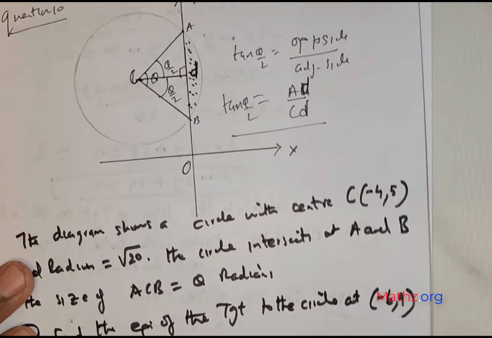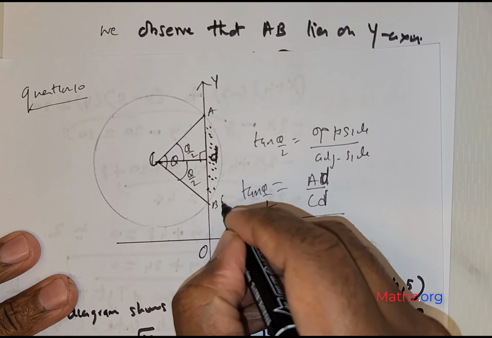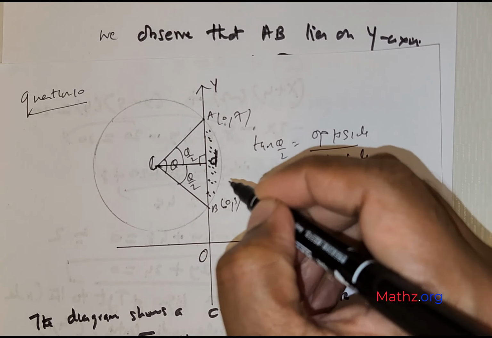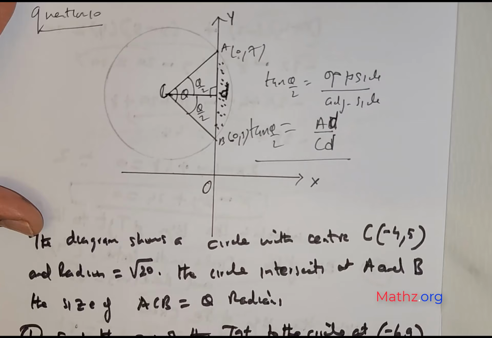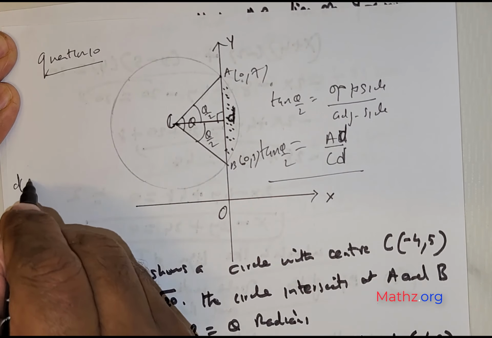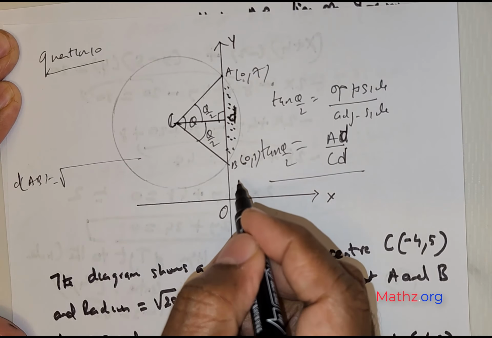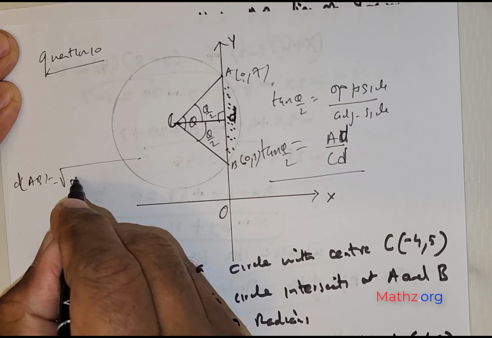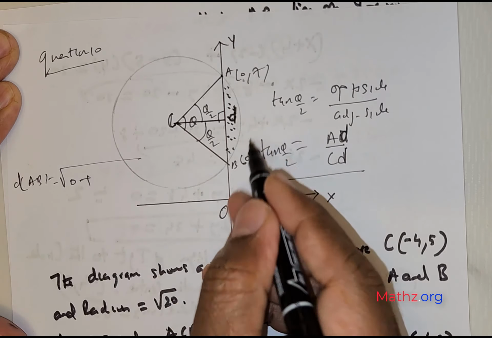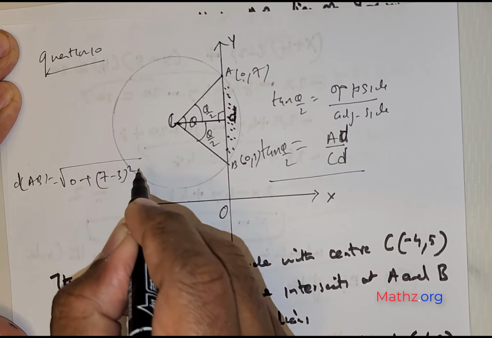So the coordinates, let me write the coordinates here. This is going to be 0, 3 and 0, 7. So I need to get the distance AB, right? So I'll be utilizing the distance formula. Distance of AB is equal to root of x1 minus x2, that's 0, 0 squared, plus y2 minus y1, so I'm going to take it as 7 negative 3, the whole squared.